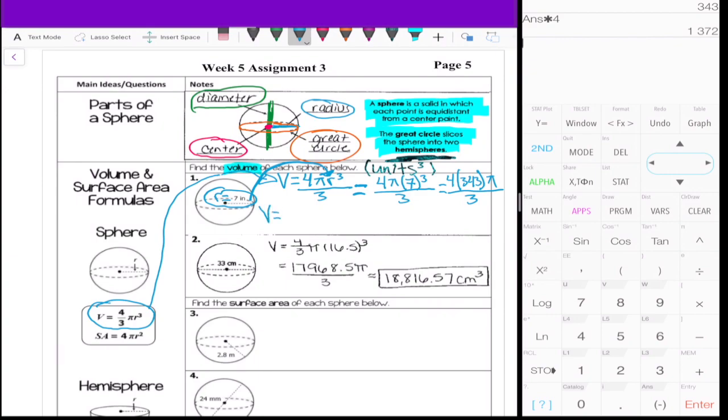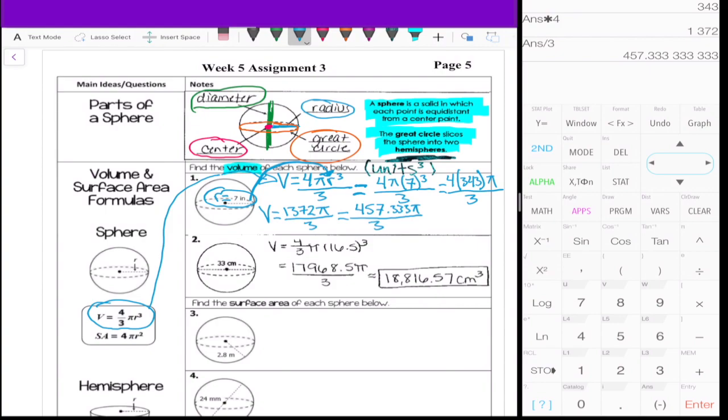V equals 1,372 times pi divided by 3. And then now I'm going to divide by 3. So in the calculator on the right, it is 457.3333 and so on. So just cut off here, 0.33 times pi.